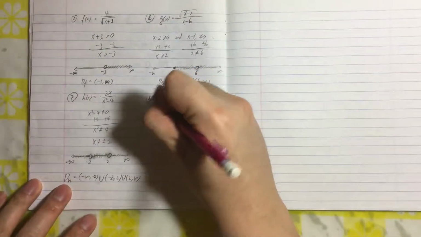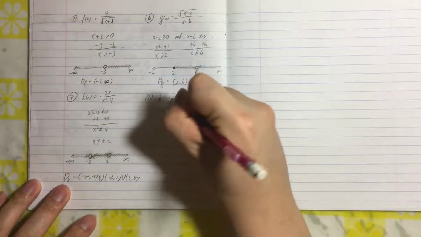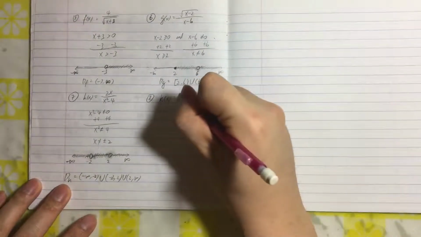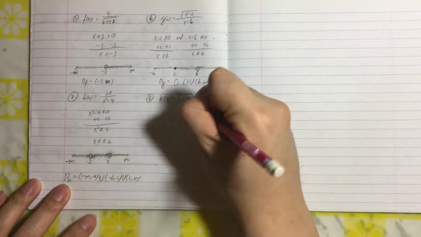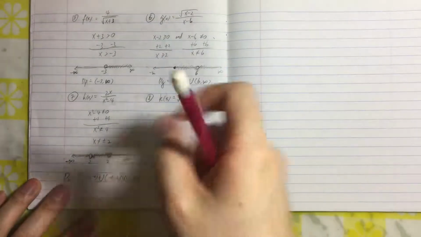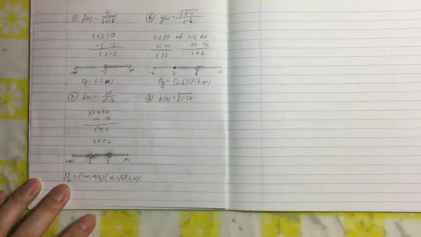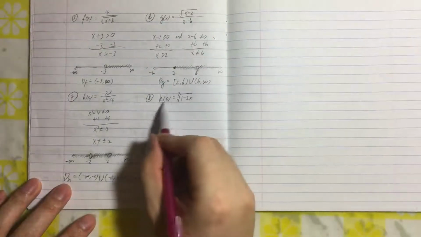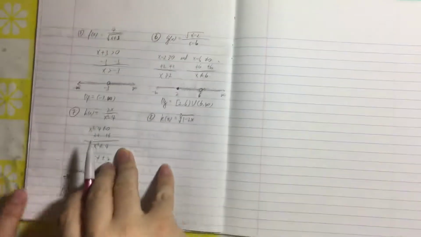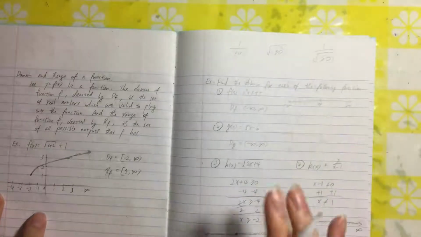Next, k of x equal to cube root of 1 minus 2x. For a cube root, what's under the root could be either positive or negative. It doesn't matter what's under the cube root. If there's no denominator and no square root, the domain is always the set of all real numbers.